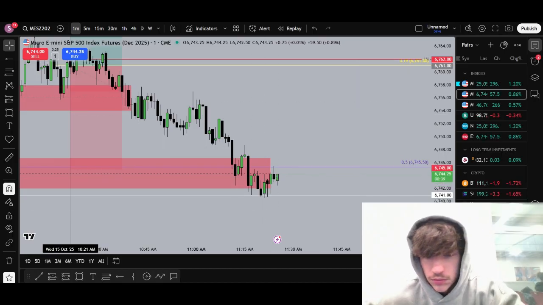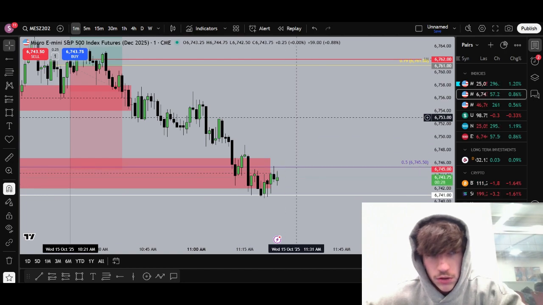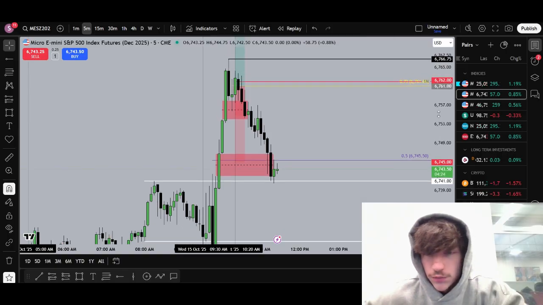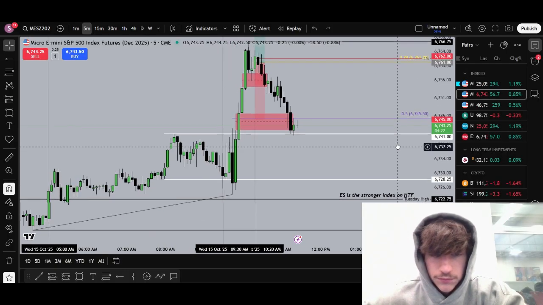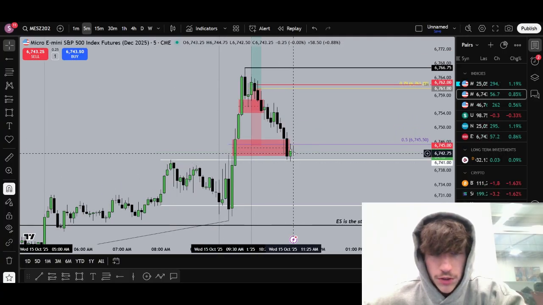Basically waiting for the next macro, but almost looking for a break of structure. Ideally, we'd wait for the next macro. Okay, just waiting for a break of structure to the upside here. So we got our model playing out. Five-minute retrace.